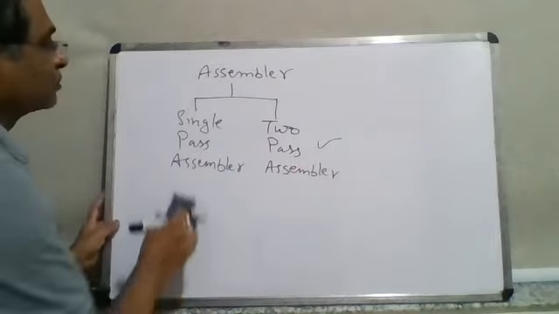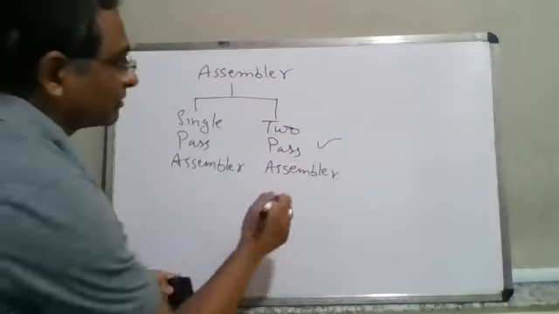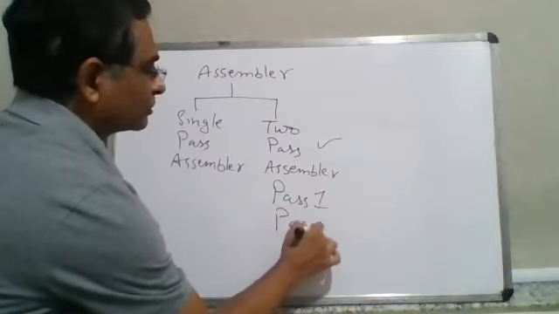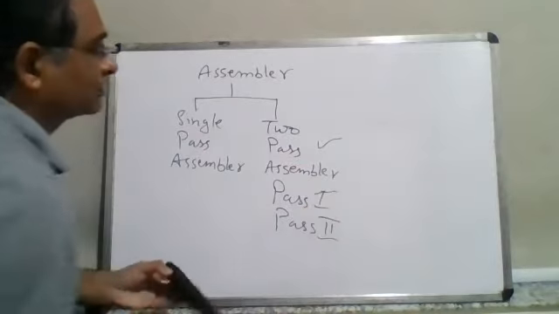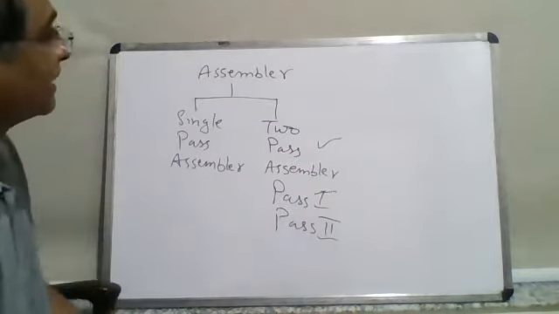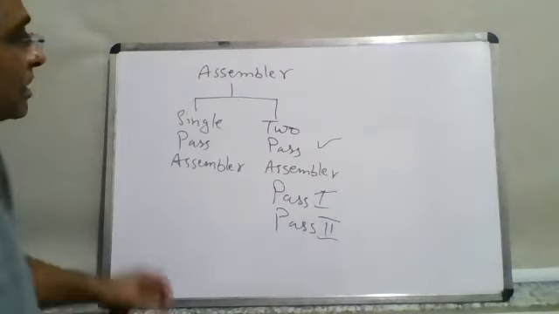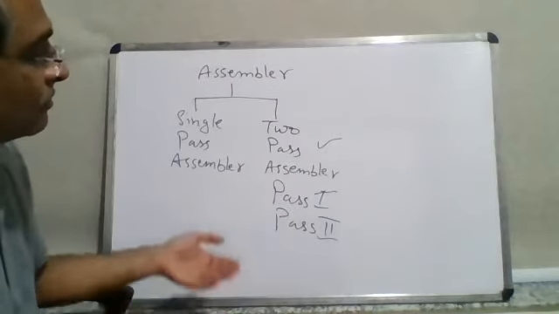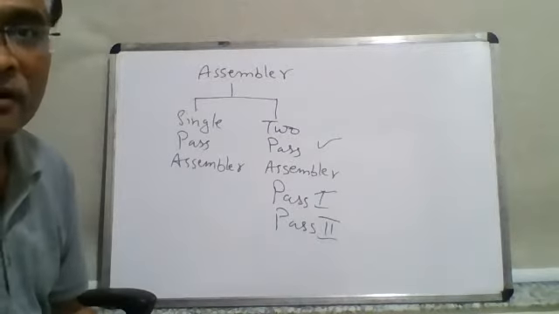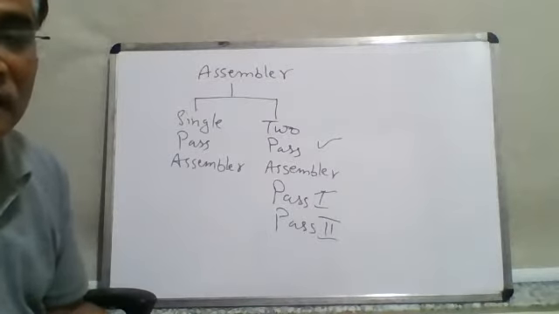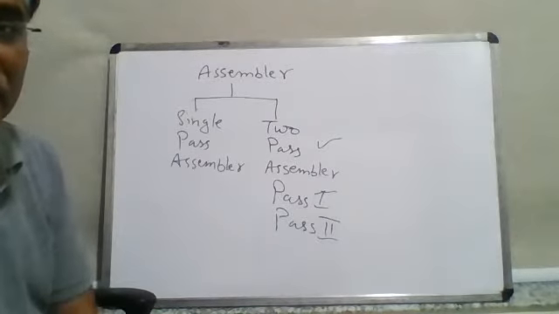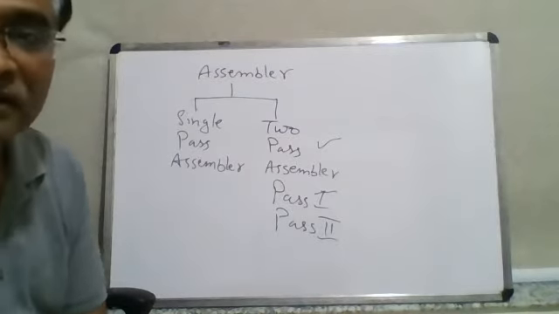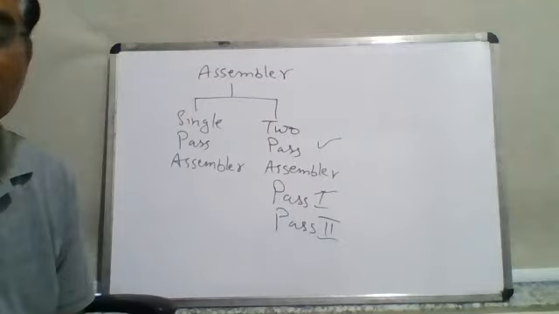We'll see what this two pass assembler is, and what the responsibility of pass 1 and the responsibility of pass 2 are. We will look into these responsibilities and their algorithmic aspects in detail. But before we go into the details of pass 1 and pass 2, we must understand the basic requirements of the assembler. There would be some specific instructions, or assembler directives, which have a specific meaning to the assembler.